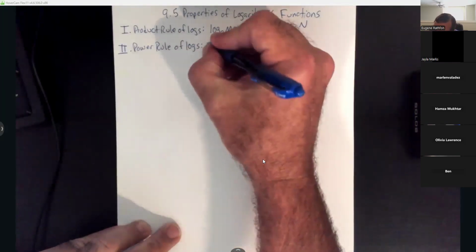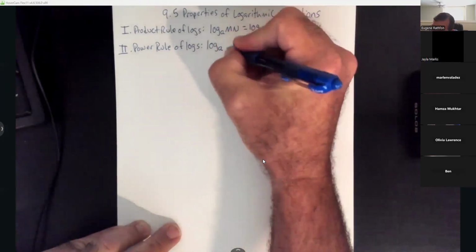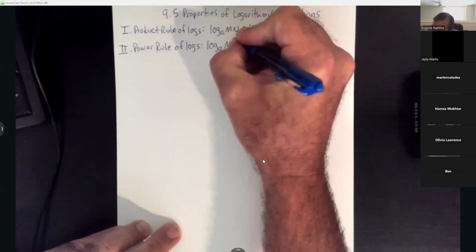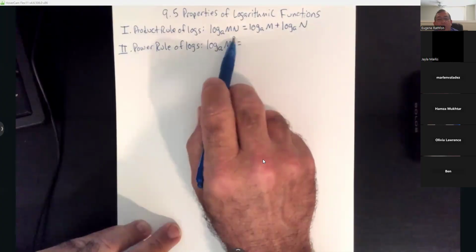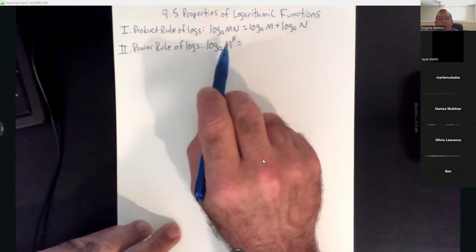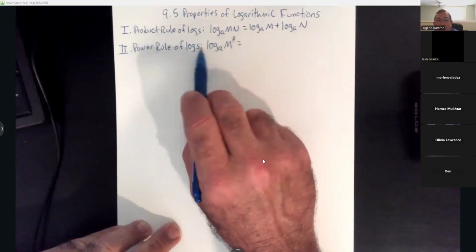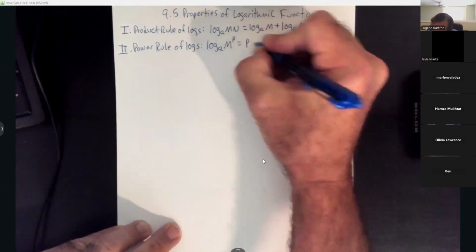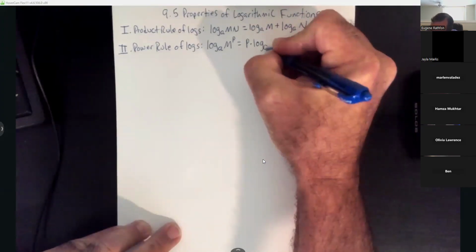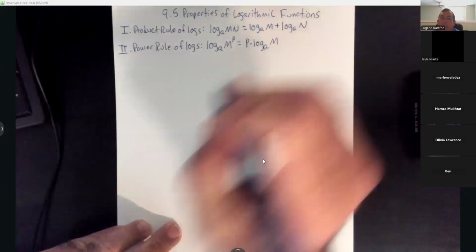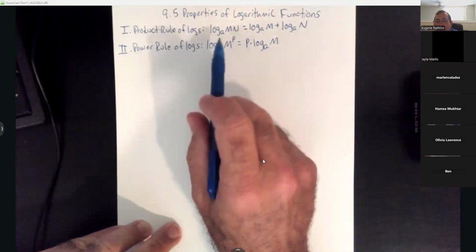But this power rule says if I got a log base A of m to the p, I can rewrite this as a product by bringing the p down and rewriting it as p times the log base A of m.